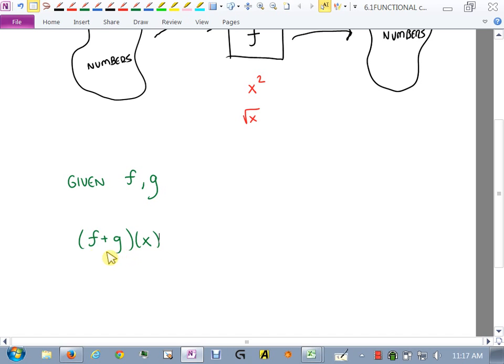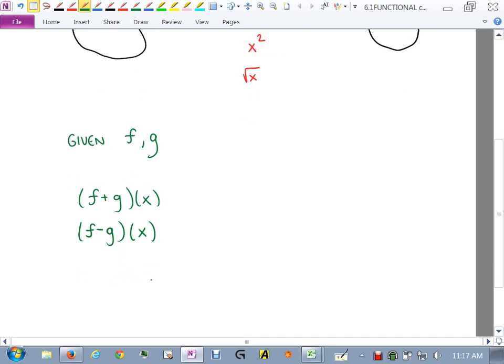That notation meant, hey, we just want to add the two functions together, right? If we did something like this, that meant subtract the functions. There was another one. If we just wrote f, g inside the parentheses with an x, that meant to do what to the function? Multiply them.